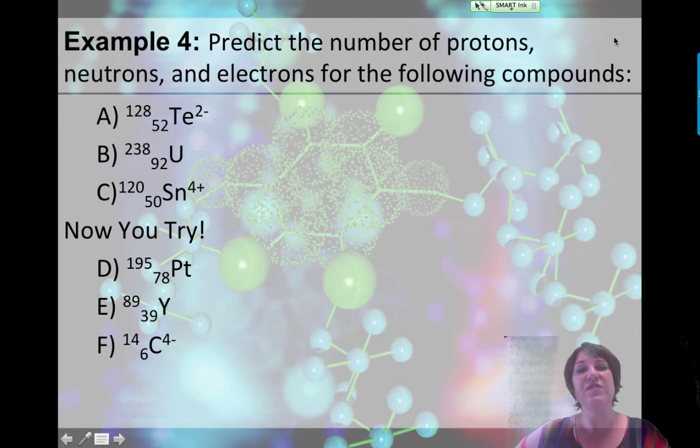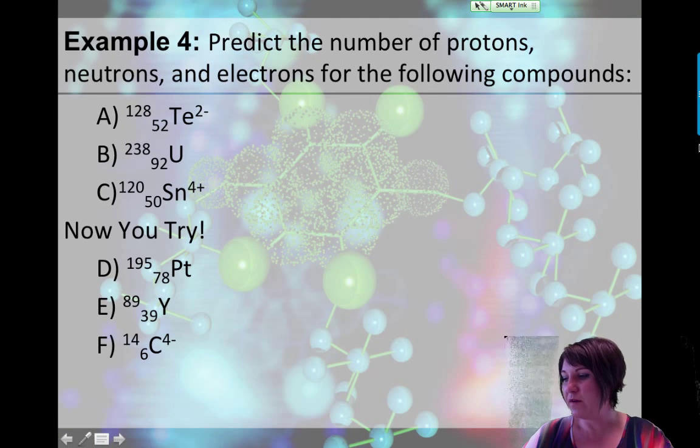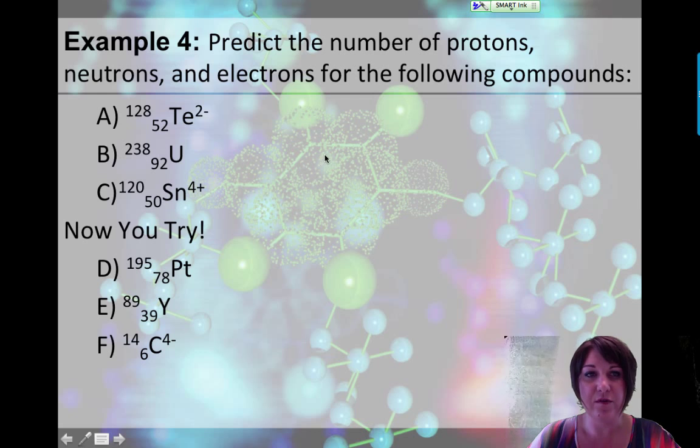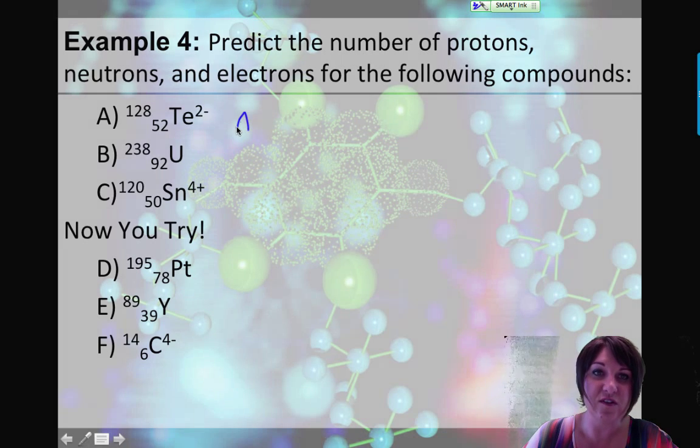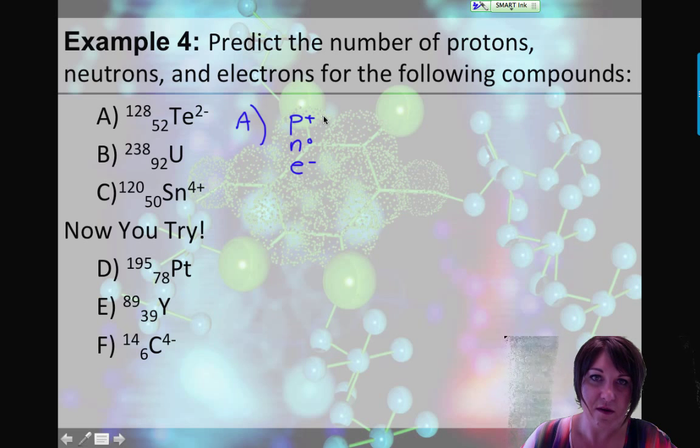All right, now let's just review from regular chemistry, general chemistry. Let's review what we learned before, predicting numbers of protons, neutrons, and electrons. This may seem super easy, but on the other hand, maybe you need a refresher. So let's count up for tellurium, or the ion telluride, how many protons are in this atom.